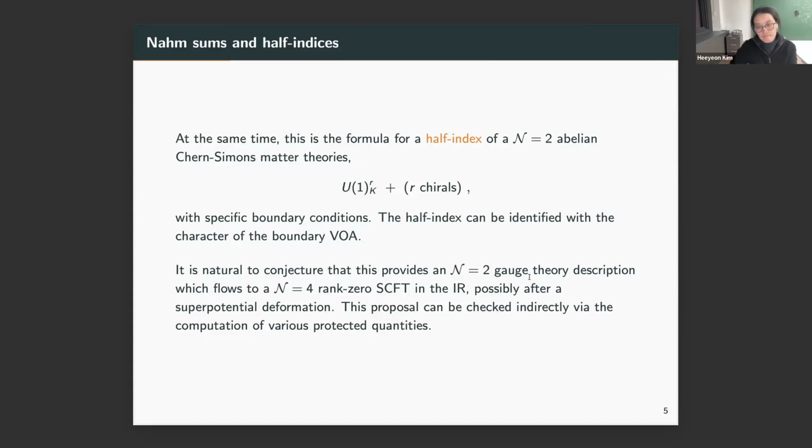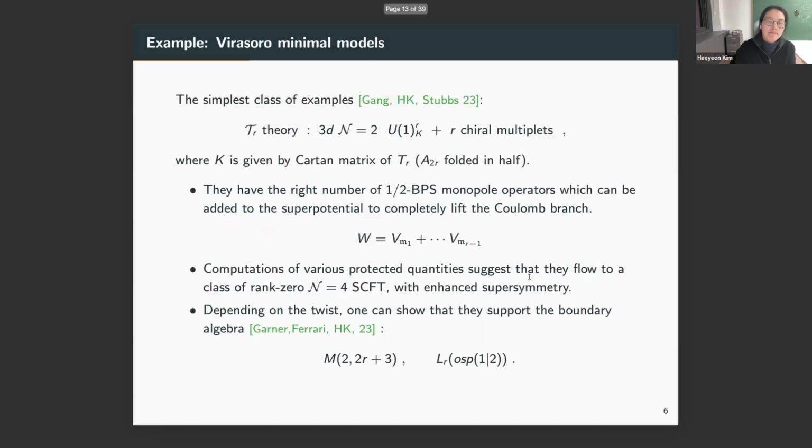Okay. And this proposal can be checked indirectly via many different computations of various protected quantities.